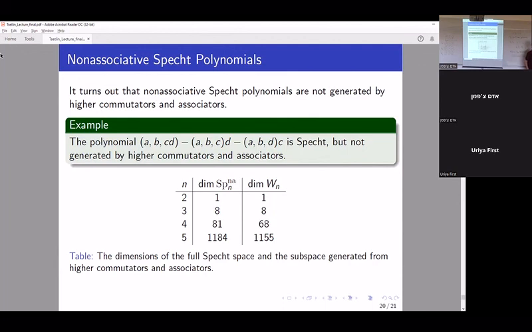Symmetry powers will contribute to this extent because it's n factorial.